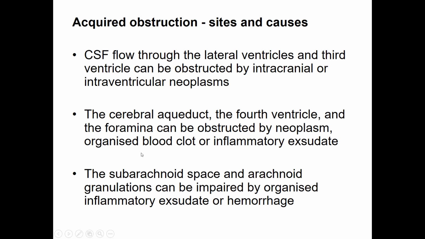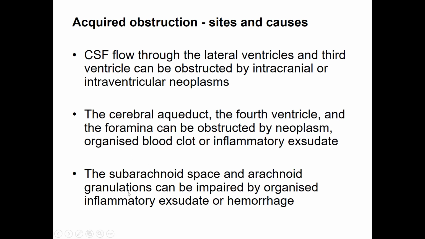These are usually organized subarachnoid blood or inflammatory exudate on the base of the brain, which then cause the obstruction of the foramina of Luschka and Magendie, resulting in accumulation of the CSF, which is still going to be produced by the choroid plexus but cannot get into the external CSF space, cannot get into the arachnoid granulations, which are responsible for the resorption.